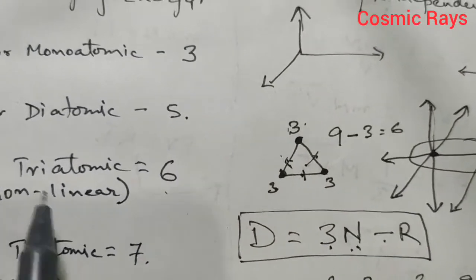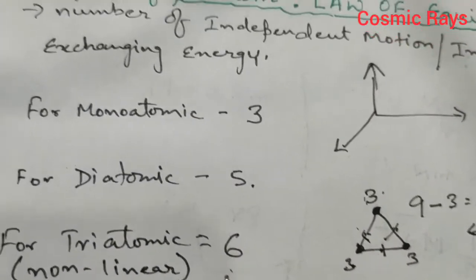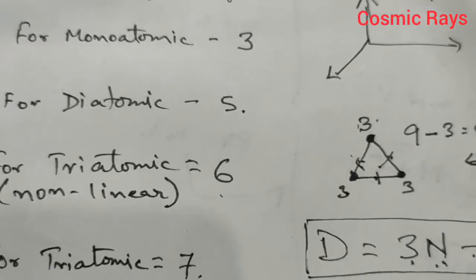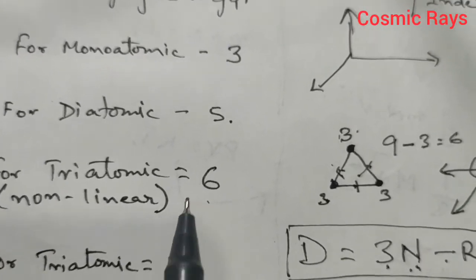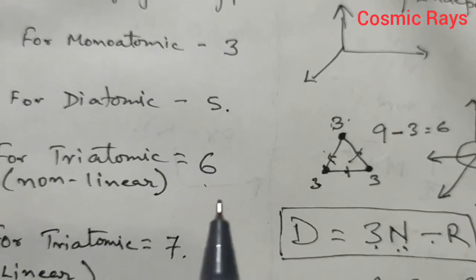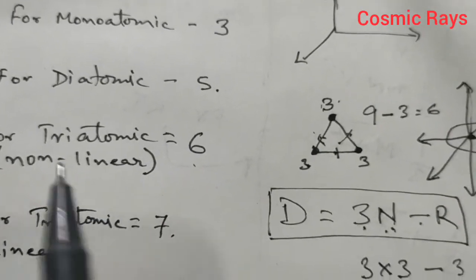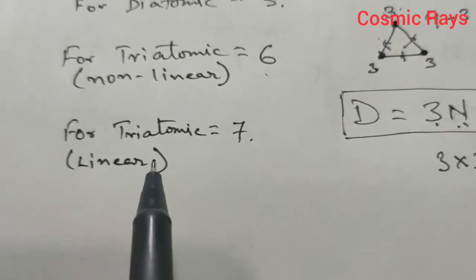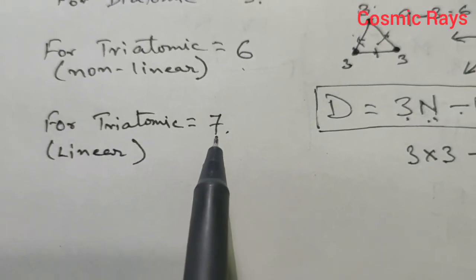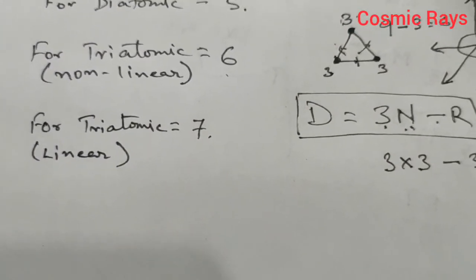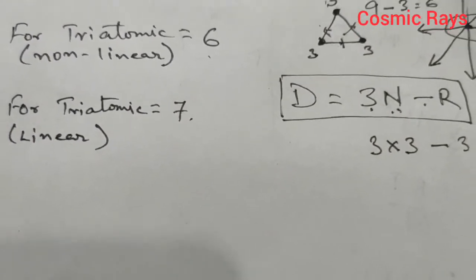For triatomic non-linear, that is a molecule like water, it will have 6 degrees of freedom. And if we talk about the triatomic linear, then the degree of freedom would be 7. The example would be like CO2.